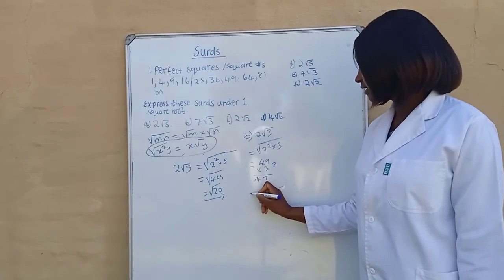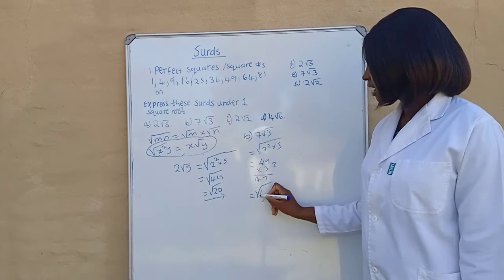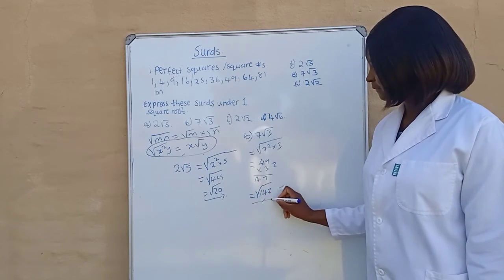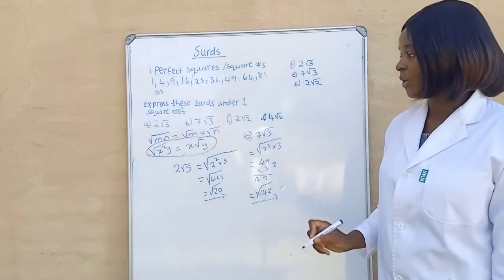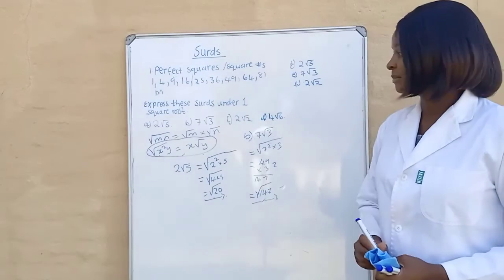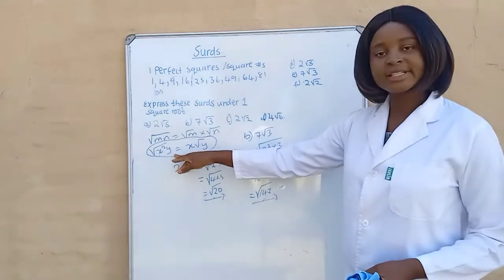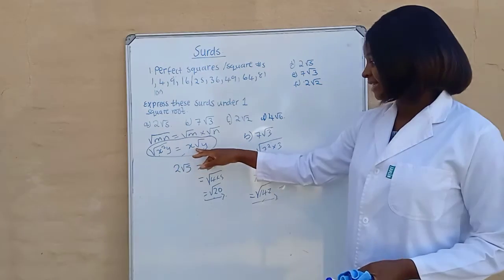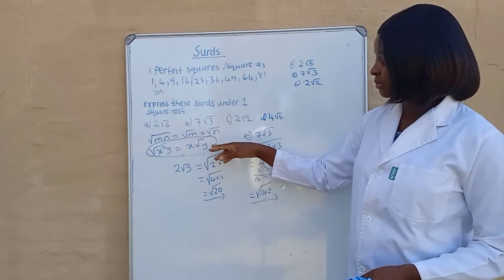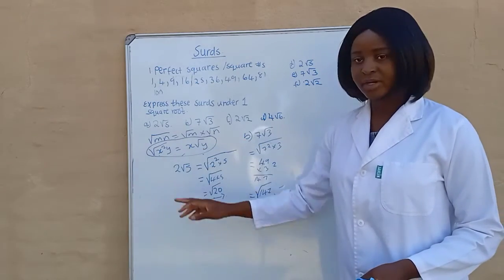It's 147, so we get the square root of 147. I hope you got the principle. We had the square root of x squared y; when we simplified it, it became x root y. So you should be able to move from x root y to x squared y like that.